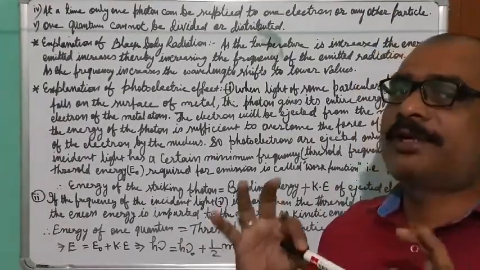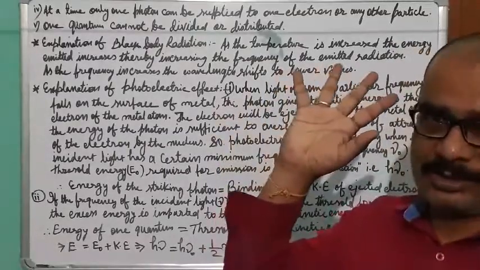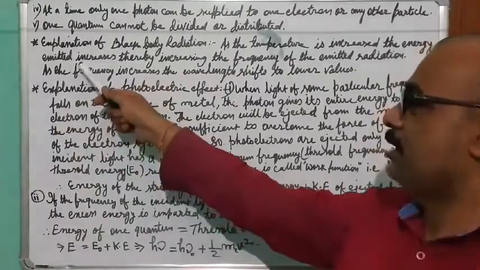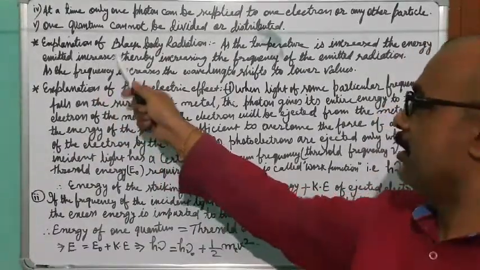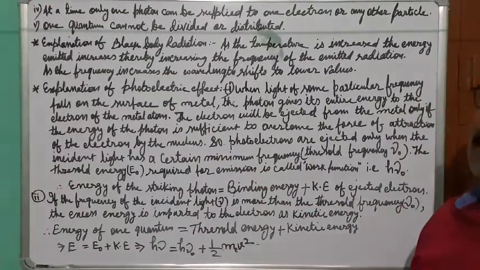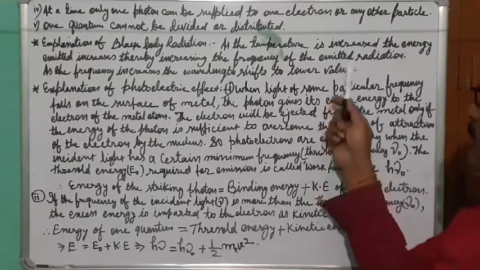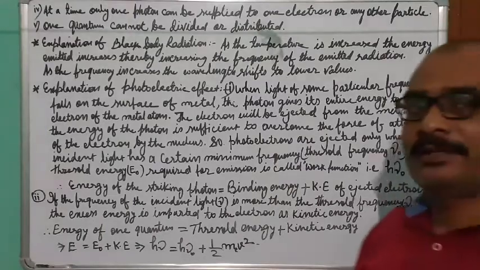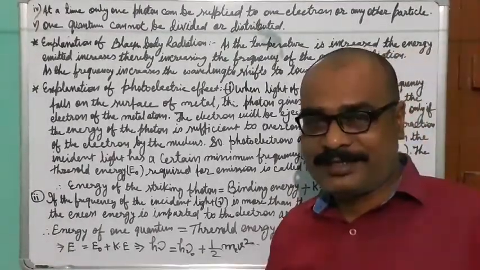When the emission of energy increases, it increases the frequency of that particular radiation. When the frequency of radiation increases, its wavelength will decrease, because frequency and wavelength have an inverse relation with one another.